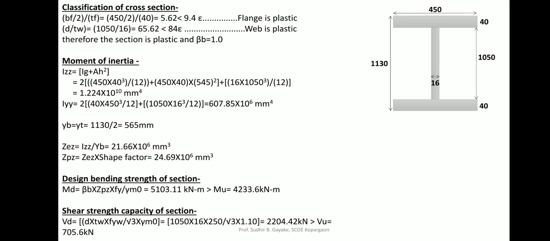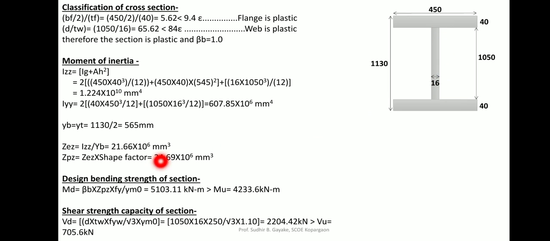Likewise your regular beam only, Vd value, and Vd is given as shear area into Fy divided by root of 3 into gamma m0. So shear area now here will be exact depth of web into thickness of web, which was previously considered as overall depth into thickness of web, because that was for rolled section, and here we are adapting a built up section. Now shear area is exactly 1050 into 16 only up to this value.